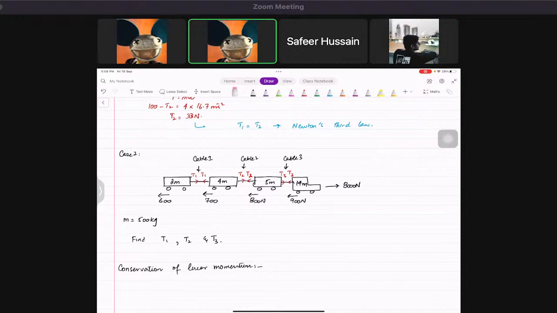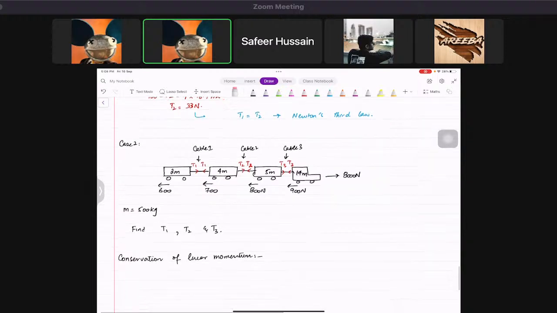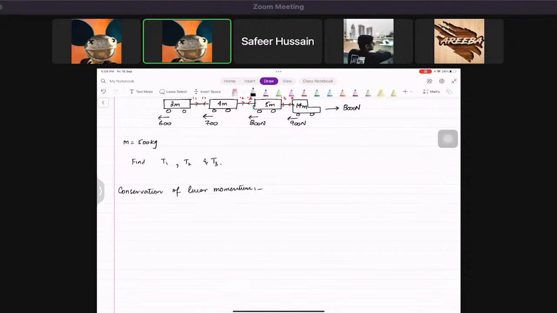Okay, so for momentum, we did conservation. We just need to do it now. Conservation of momentum is basically a law, and it will be asked for 2 points, so you guys need to remember.